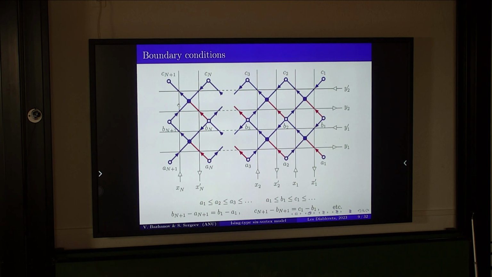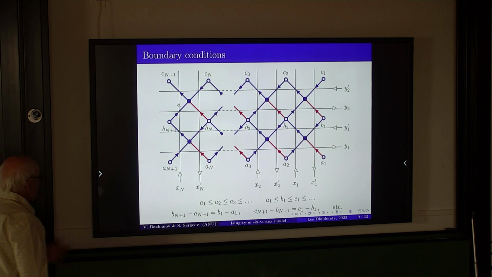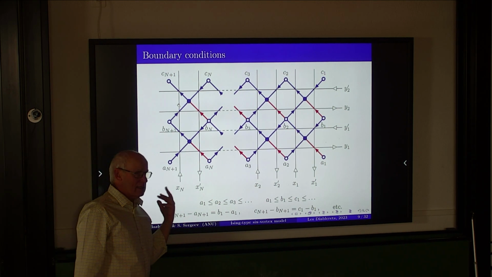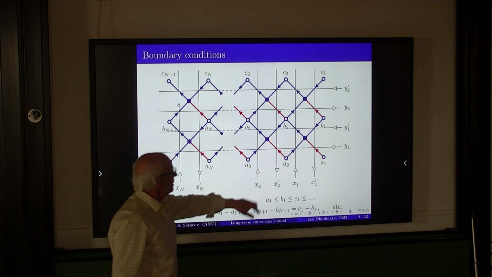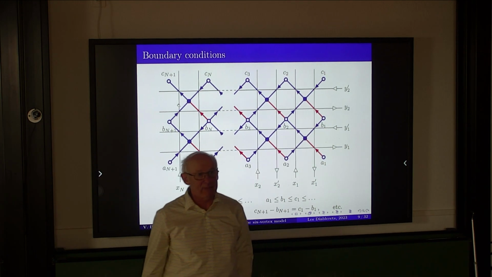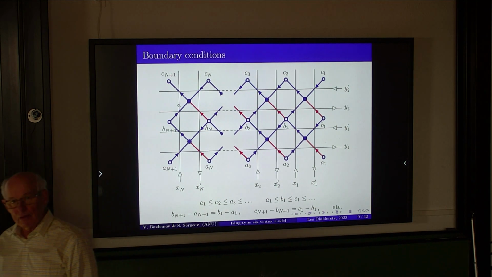After that, careful analysis shows that this dangerous configuration, where this red line has a negative spin difference, just does not appear.